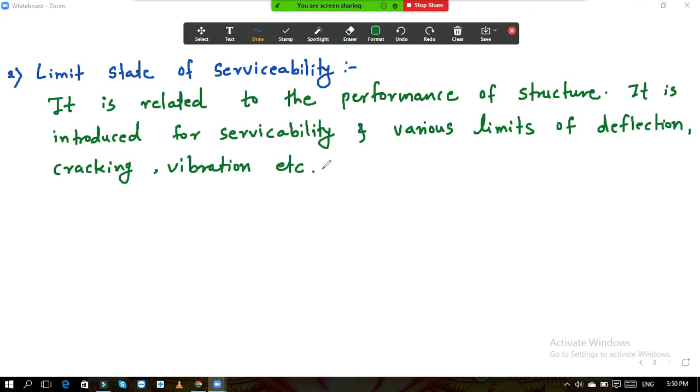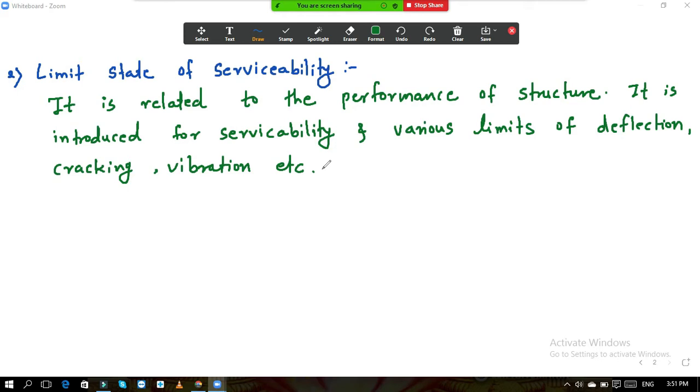Due to those vibrations, whatever slab you have designed below that machine may get cracked or may get collapsed. If it collapses, then there is very bad serviceability, but it should not collapse due to this vibration either. So all these limits are governed by the limit state of serviceability.